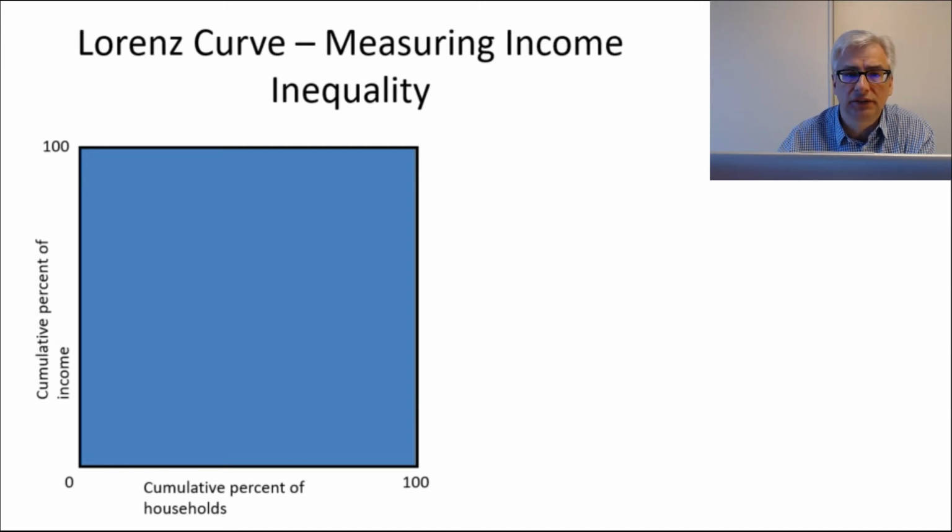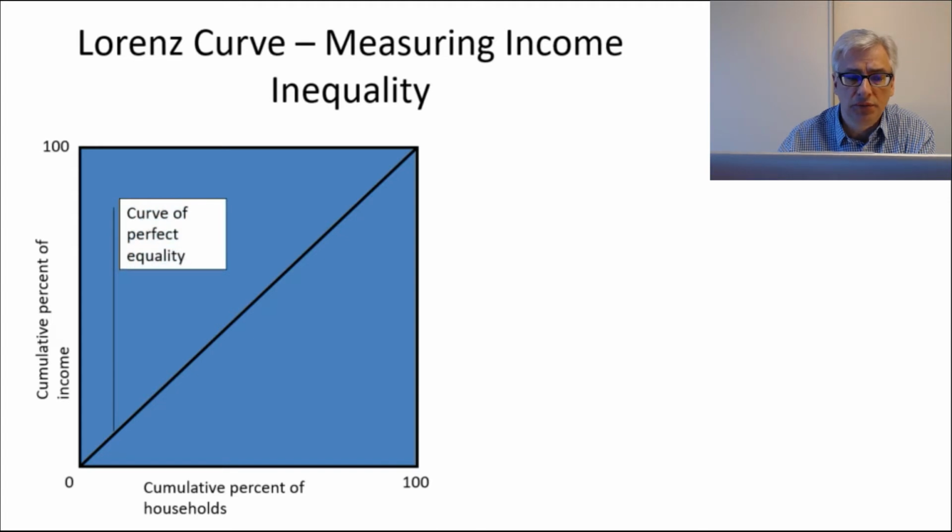If everyone gets the same, then 73% of households would constitute 73% of the total income. So the idea here is, if income was equally distributed across the whole society, we could show it with a straight line, and this line would be called the curve of perfect equality. If income is perfectly equally distributed in the society, the Lorenz curve would look like this, a straight line.